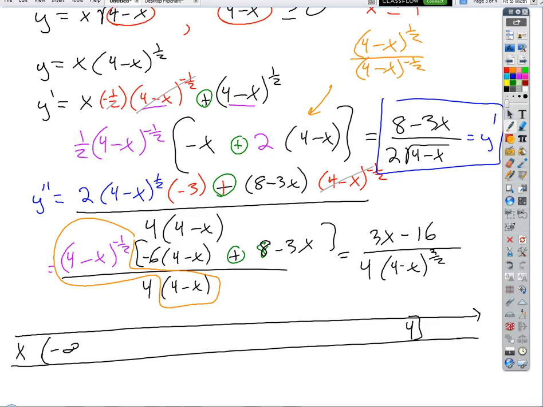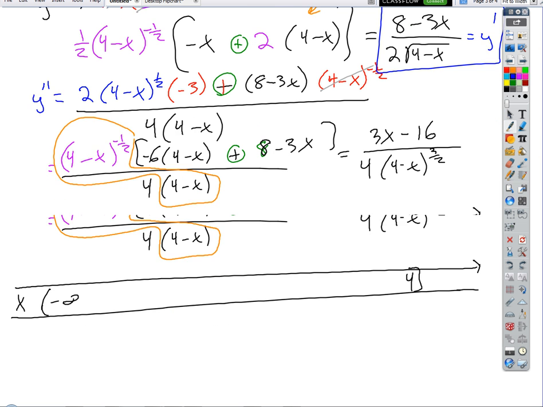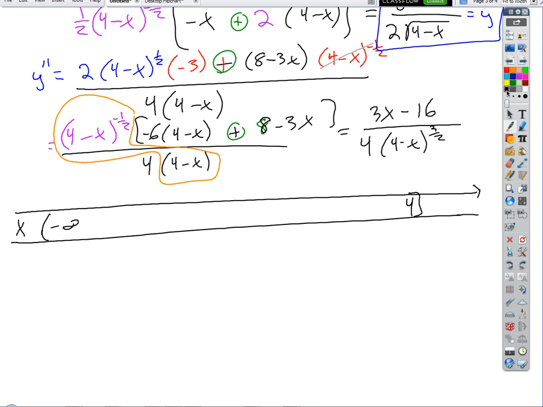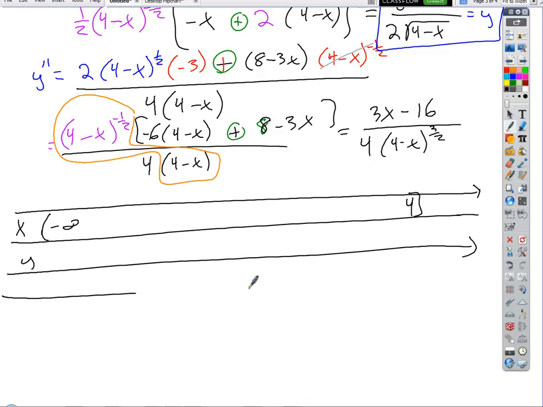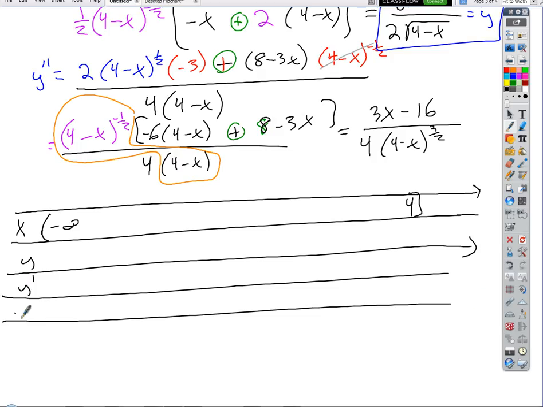Any other critical numbers? Yeah, top equals 0. Good. The y prime equals 0 when the numerator is 0. And when's that going to be? At 8/3. Good. Okay, so then, when we start adding our other rows, we do get a 0 at 8/3.